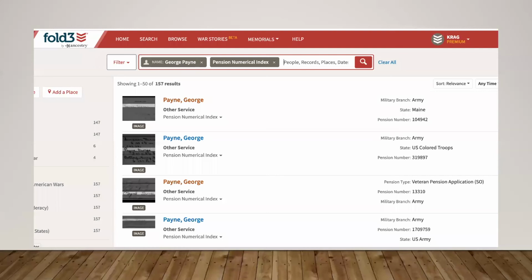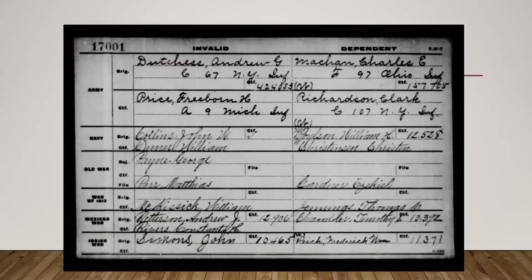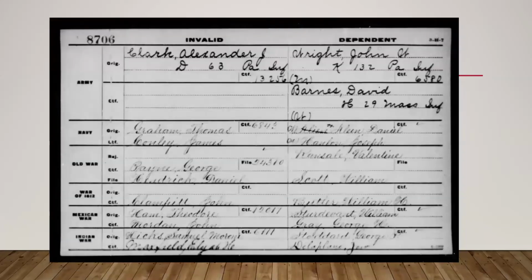And when I go and look at it, there are a bunch of George Paynes out there. And what I see here is one, George Payne with an Indian War pension, and it's number 13310. Here's a George Payne with an Old War pension, and it's number 17001. And here's George Payne with an Old War pension, 8706.